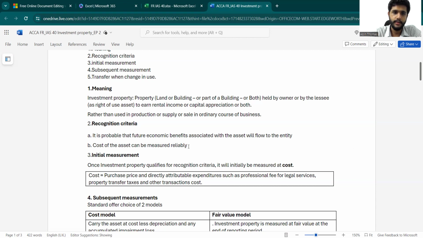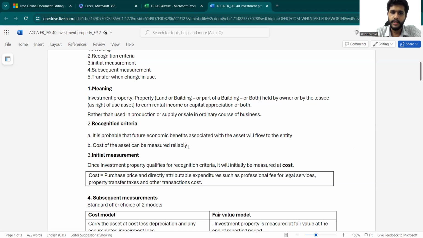There are different land valuers, so from the service of a land valuer, we can reliably measure the land, or we can check the land price of the nearby plot. How much is the value of the nearby plot? Is it the same as our plot? So in all those ways, we can reliably measure the value of the land.